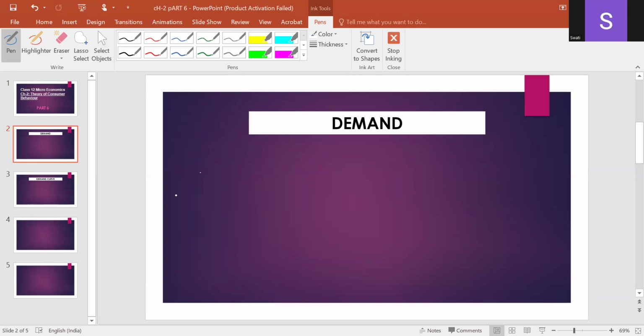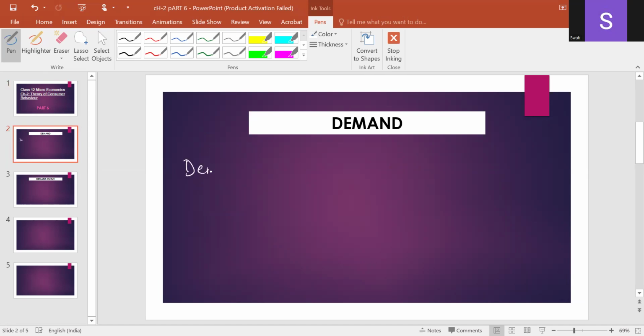So we have a quick scan of all the different combinations, and based on that we make a choice, and that choice will be reflected as a demand for that good, right? It will be counted as a demand.